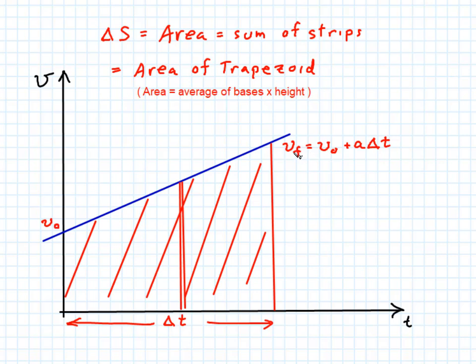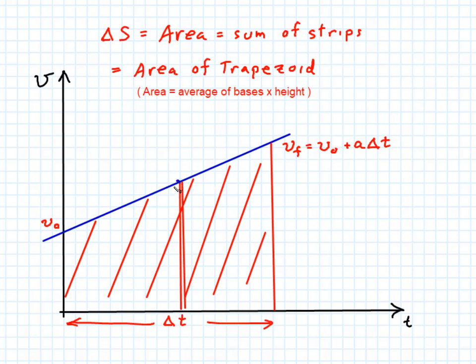That velocity, the final velocity, is v0 plus at, because we came across this equation earlier. That's, again, just from the definition of acceleration. So we have what we need to find the area under this trapezoid. The formula for the area of a trapezoid is the average of the bases times the height.